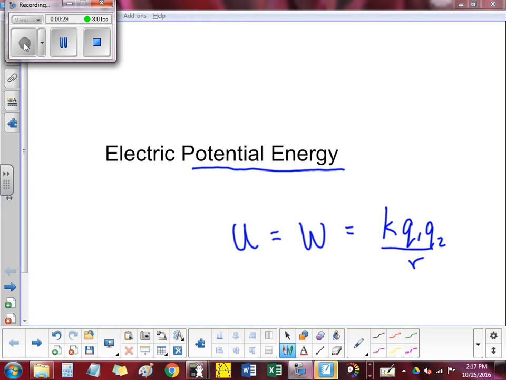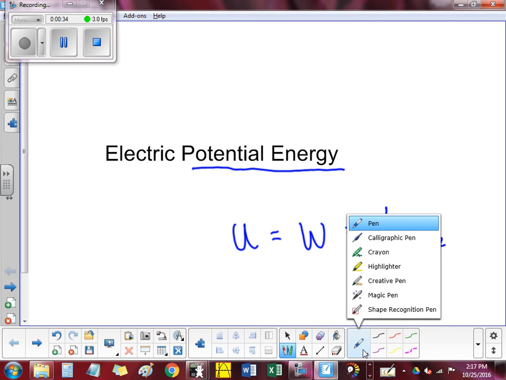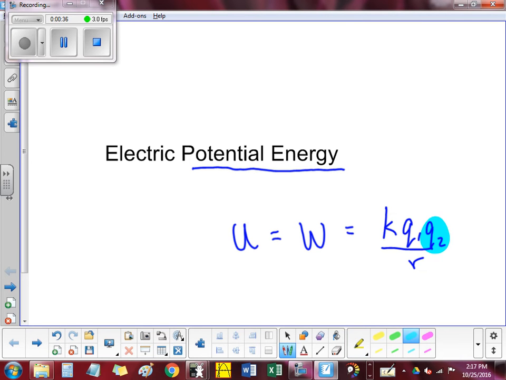One of the things that makes this different from potential is you'll notice it has the extra Q in it, right? So in other words, you cannot have potential energy with only one charge. You can have potential coming from a charge, but you can't have potential energy without having two charges. So it takes two to develop energy.